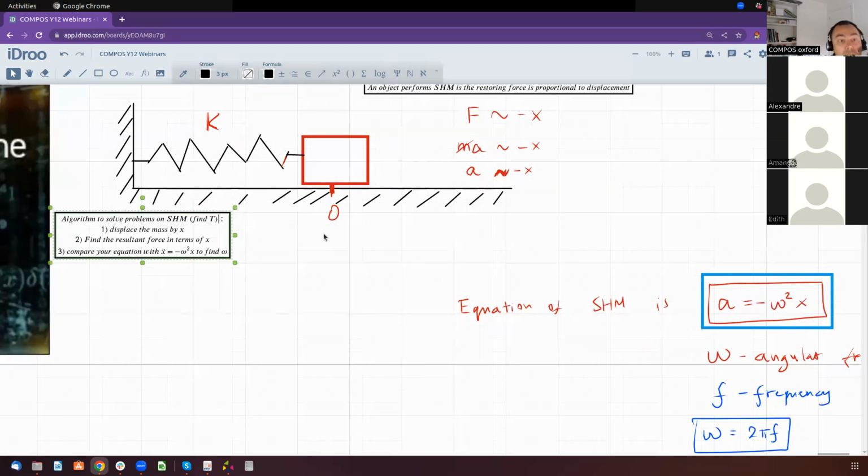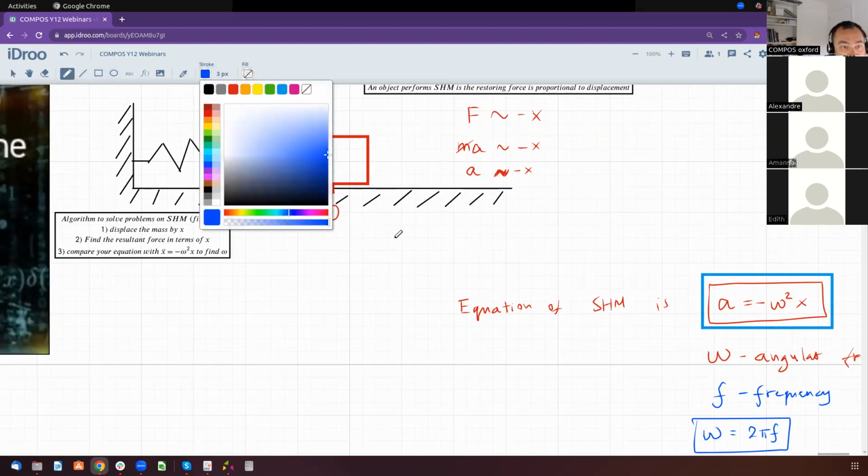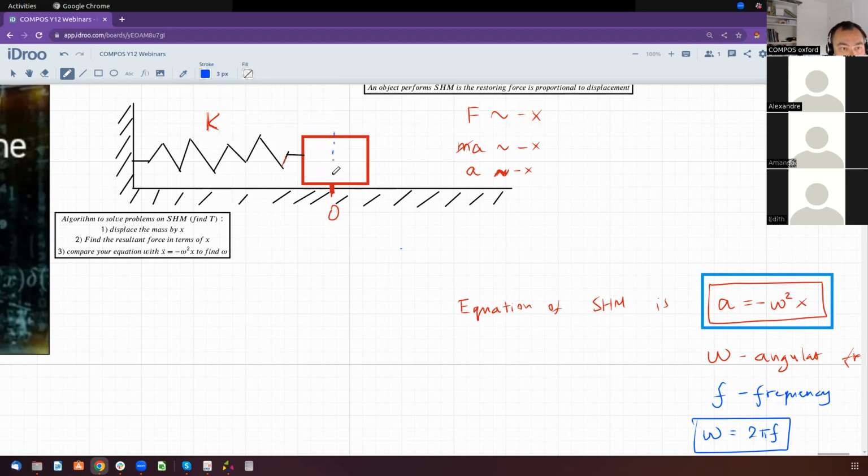Okay. So I displace the mass. So I move the mass to the right. So I have displaced the mass by x.